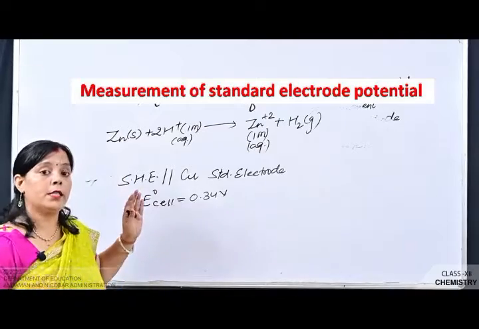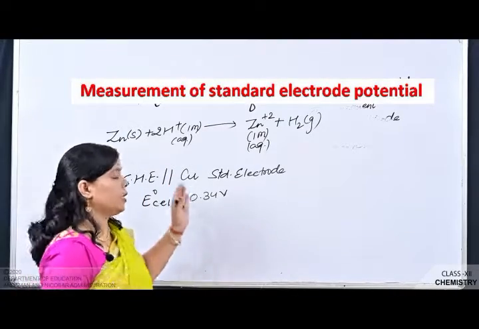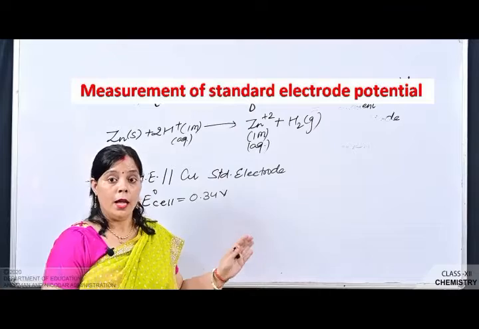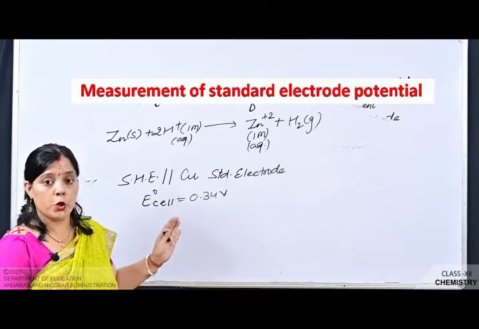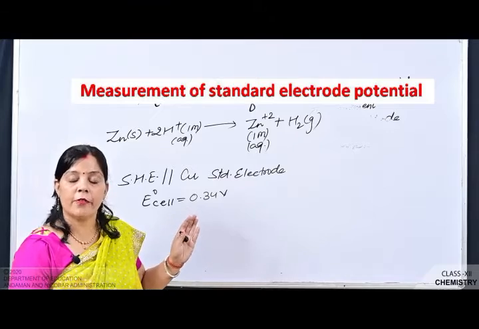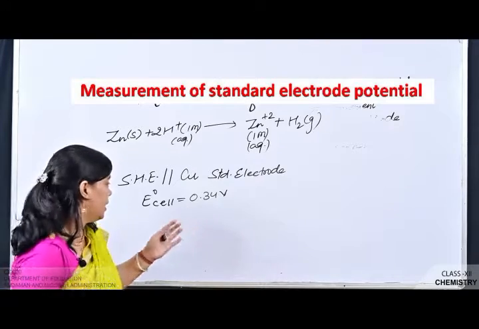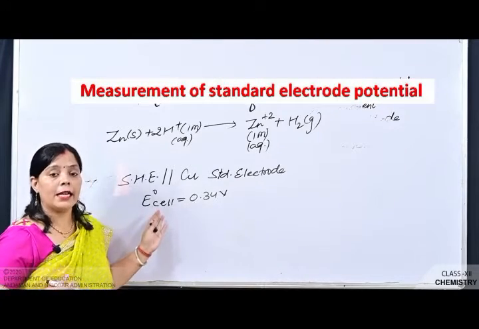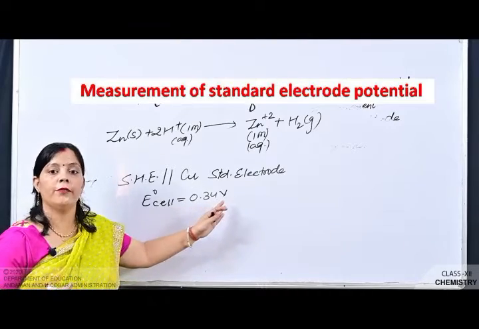When the standard copper electrode is attached to the standard hydrogen electrode, the voltmeter shows a reading corresponding to the potential difference, that is the electromotive force of the cell, E cell naught, equal to 0.34 volt.